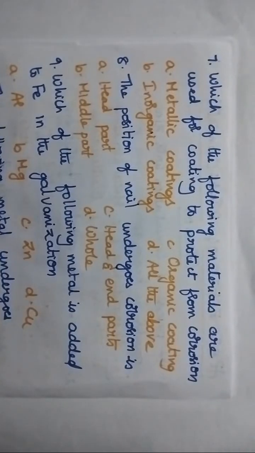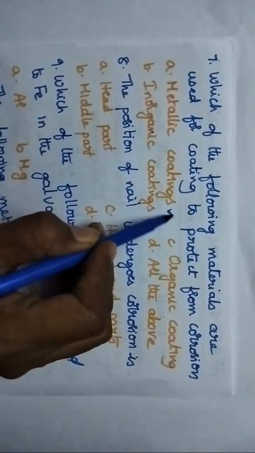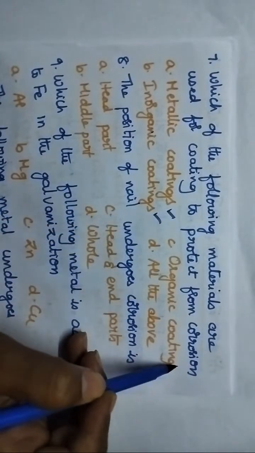Rama Durga, very nice. Vaishnavi, very good. So, we can use metallic coatings, inorganic coatings and organic coatings. So, option D, all the above, is the right answer.